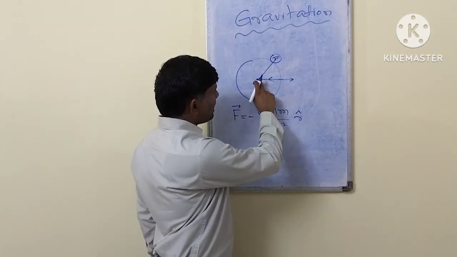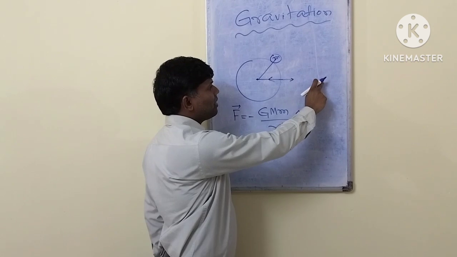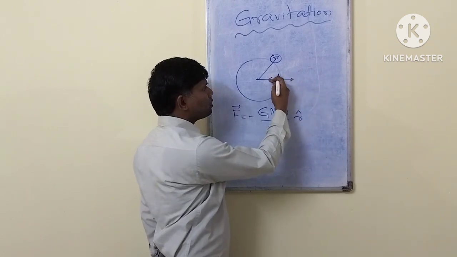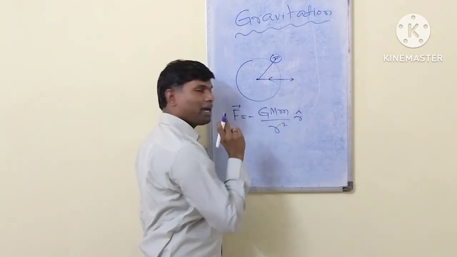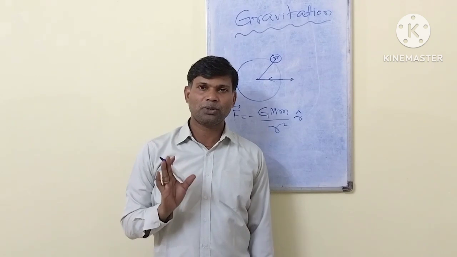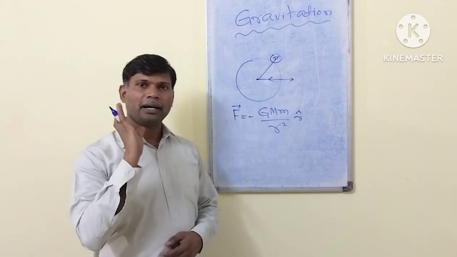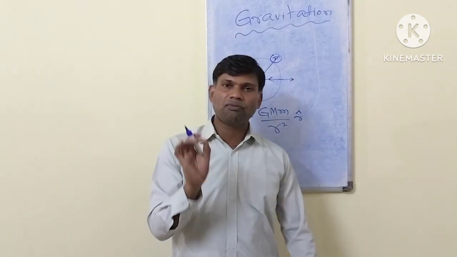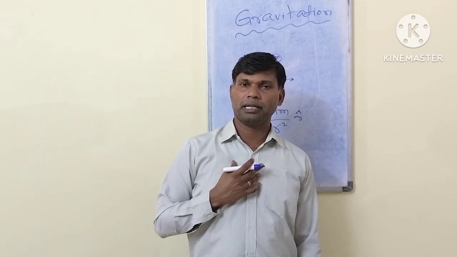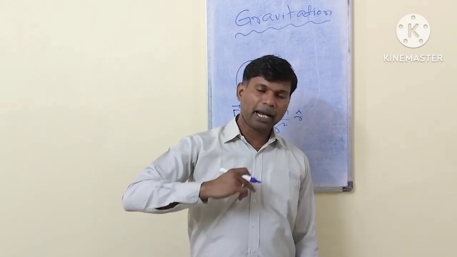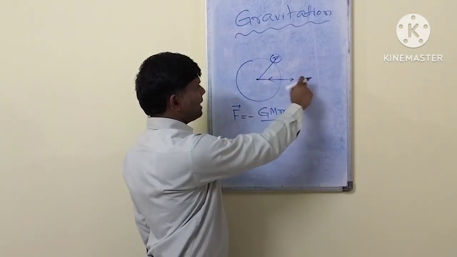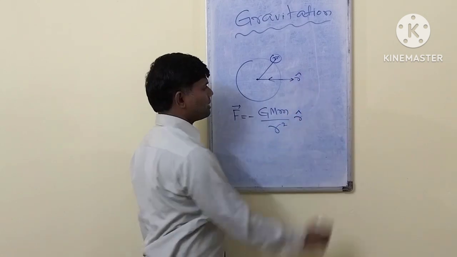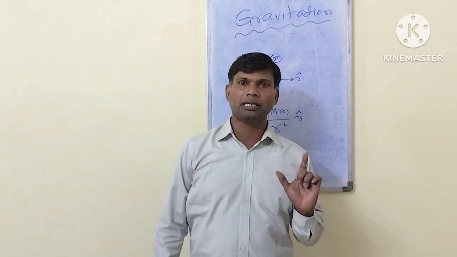This is the radial direction, but the force direction is opposite to the radial. That is why minus. You understood now? This is the direction of gravitational force on my body with respect to the radial direction. This is the r cap direction. r cap is a unit vector.